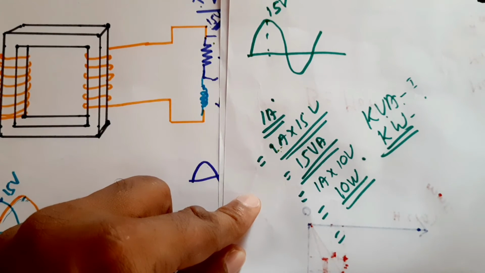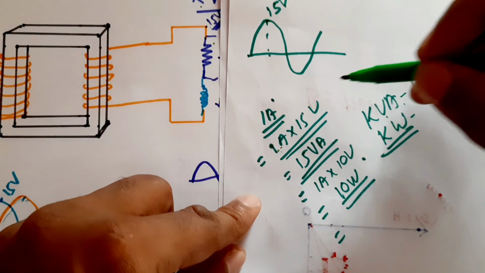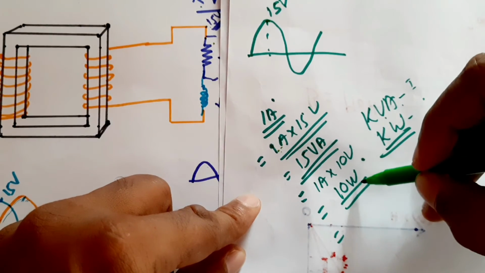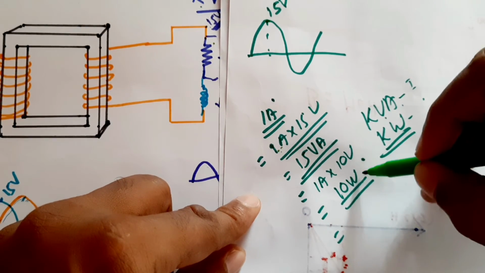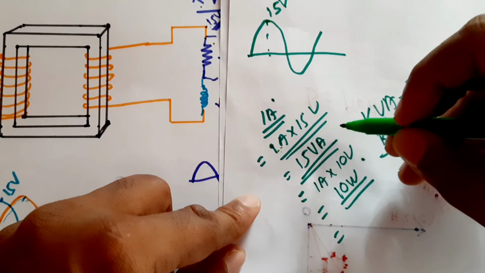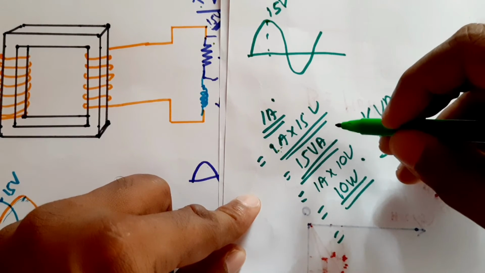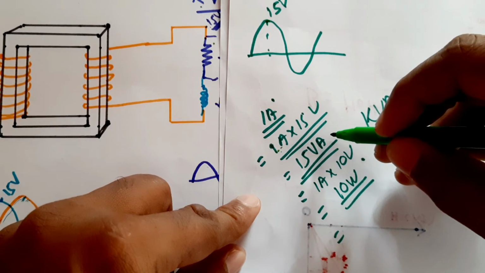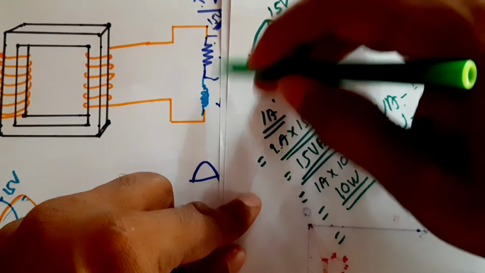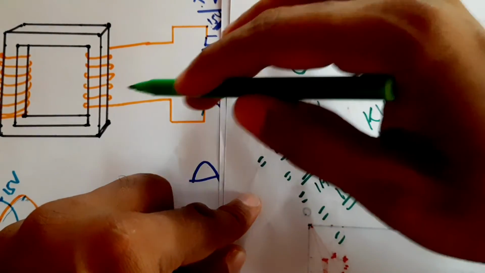So the transformer cannot be rated on the basis of watts only, as it has to supply both. If the load is inductive, it has to supply both energies, even though one is used to store energy, not dissipate it.